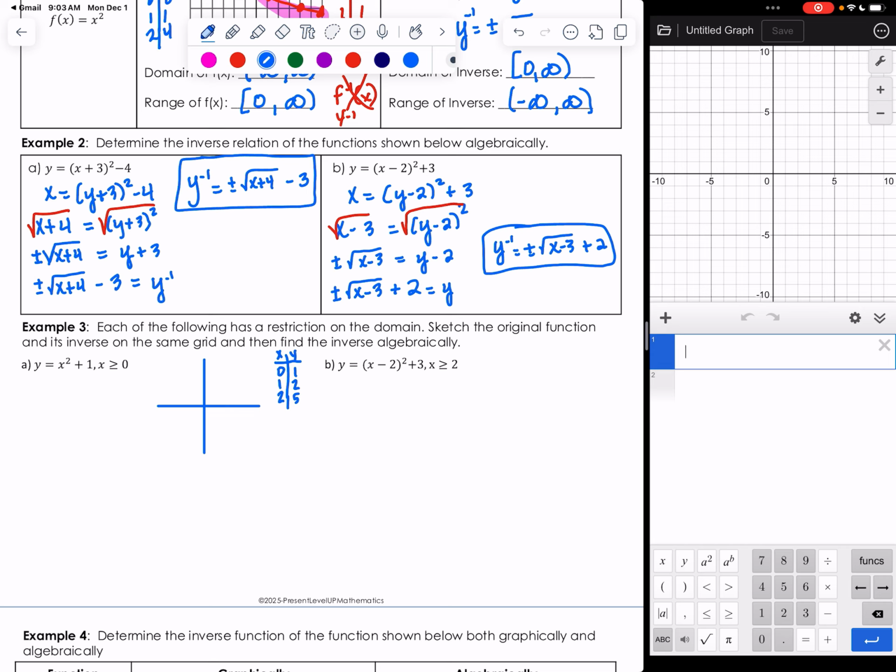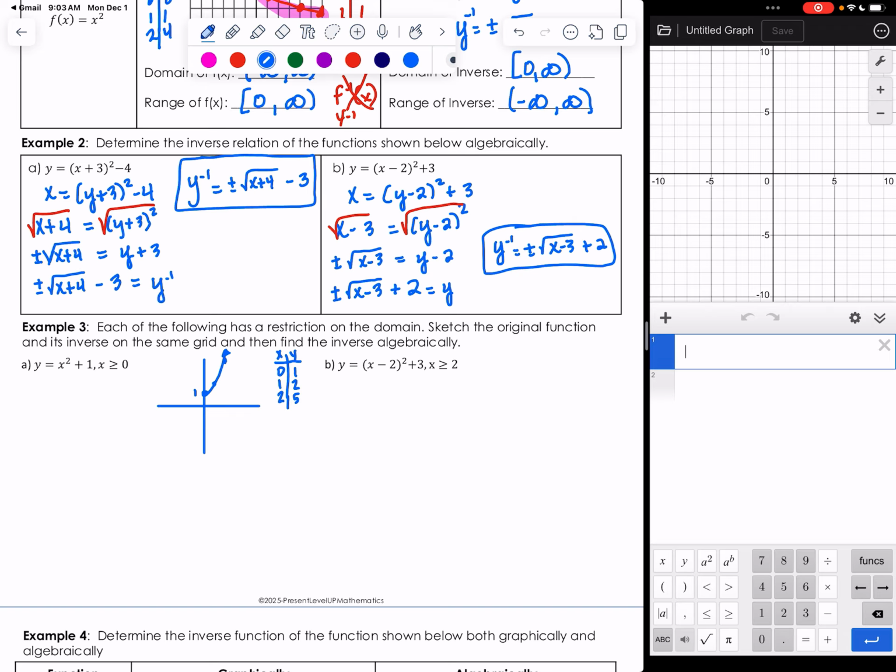So I'm going to plot these 3 points. So 0, 1 would be right here, and then 1, comma 2, and then 2, comma 5. So we're going to have something like this. This is our original function, x squared plus 1, where x is greater than or equal to 0. So basically what we have here is half a parabola.